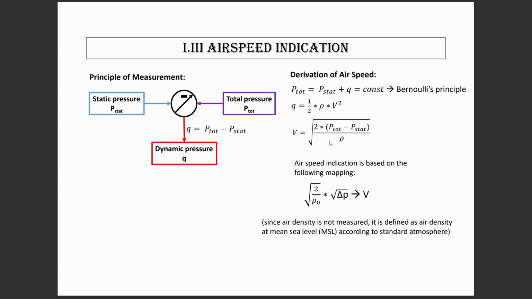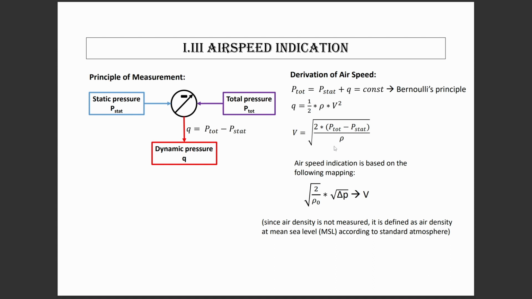In order to do that, as you can see, we need to assume a certain density value, because density appears here in this equation. So this is our dynamic pressure, the pressure difference, but there's also density. So what air density do we use?